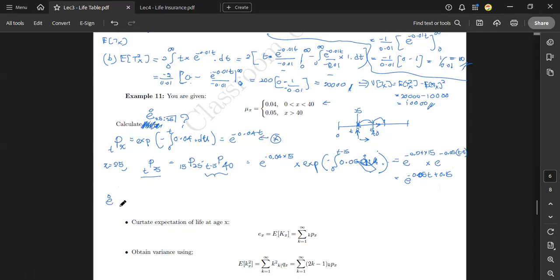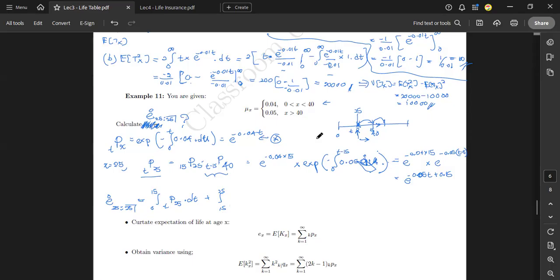And from the definition, to find this limited term expectation, I can define it like this. Since we have two different survival functions for both regions, this plus from 15 to 25.